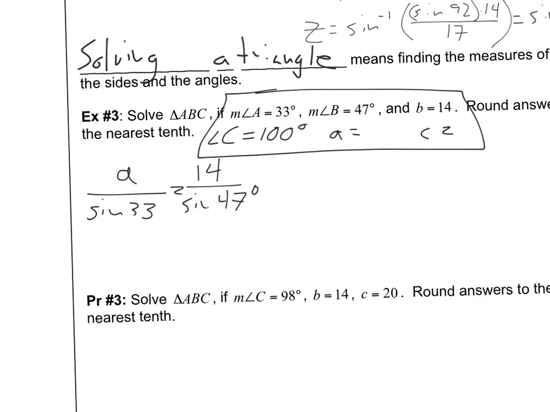Right now it's being divided by sine 33, so I multiply it by sine 33. And those things cancel, and now I'm ready for the calculator. So 14 times sine 33 divided by sine of 47 equals 10.46.